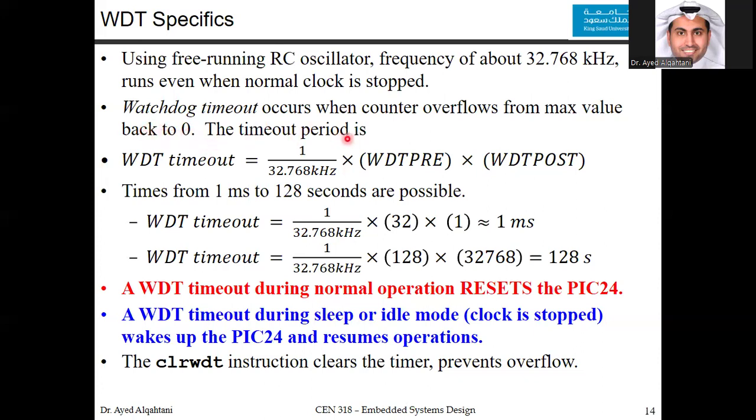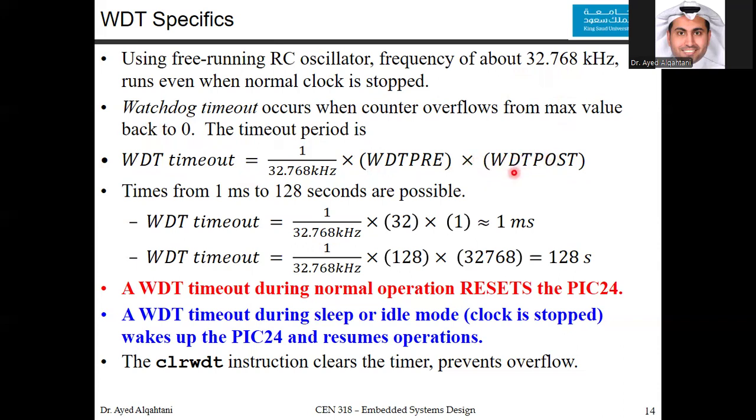Now, what is the period? You calculate it this way. Since this is the frequency, you would say that one cycle, a period, is 1 over this frequency. And then you multiply it by the pre and the post scalars.